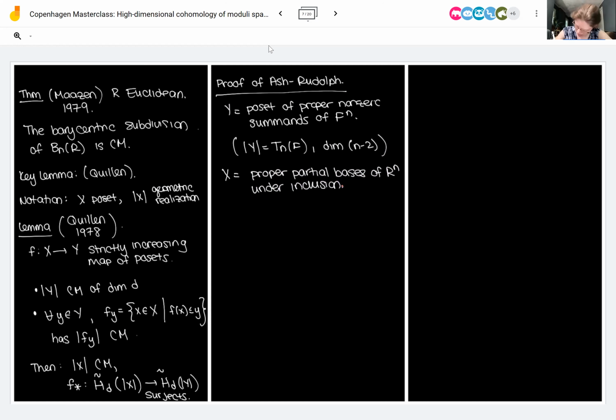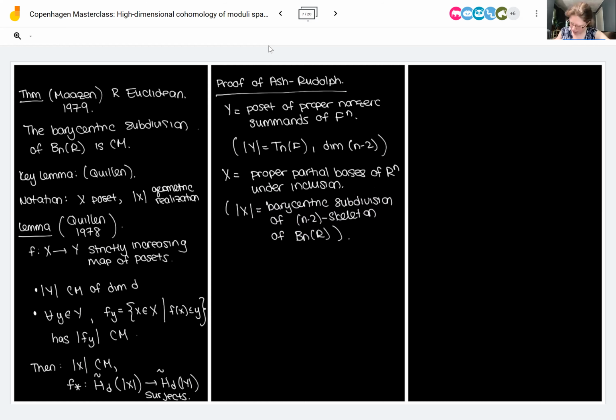Okay, so then the geometric realization of X again is the barycentric subdivision of the n-2 skeleton of the complex of partial bases.